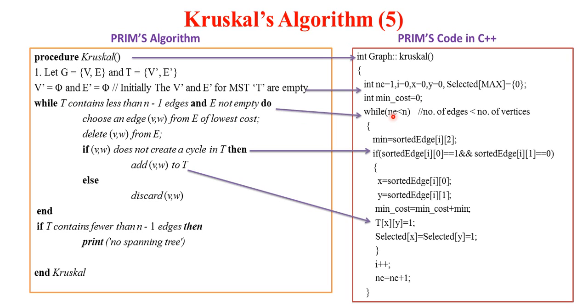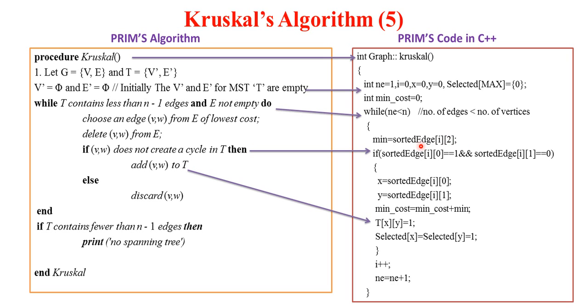Then, till our tree T covers all n-1 edges, we can choose the first edge of the graph having minimum weight. That sorted edge list is maintained in a structure, or I may say an array, which has u, v and weight fields.